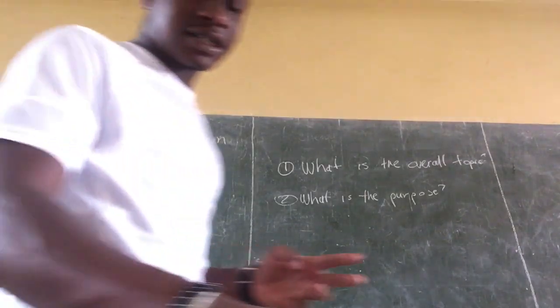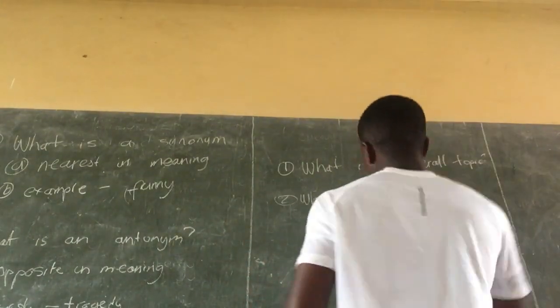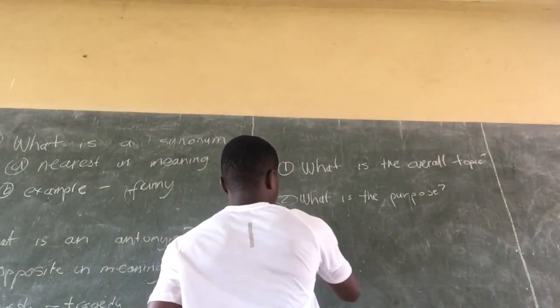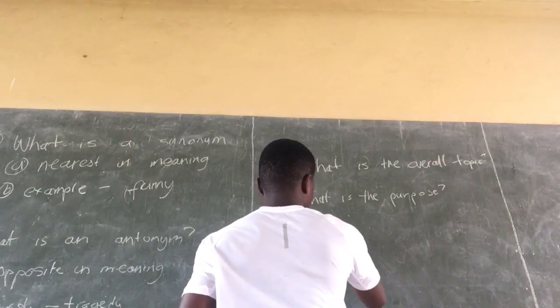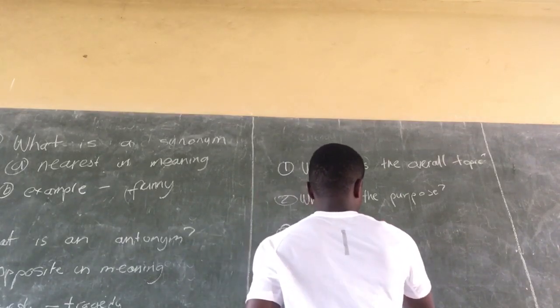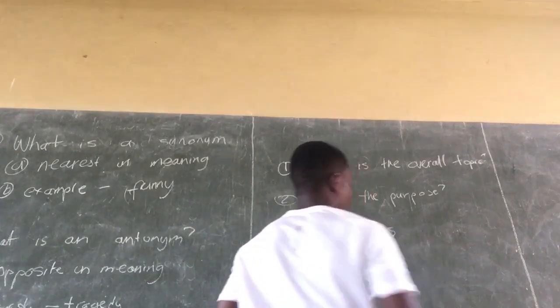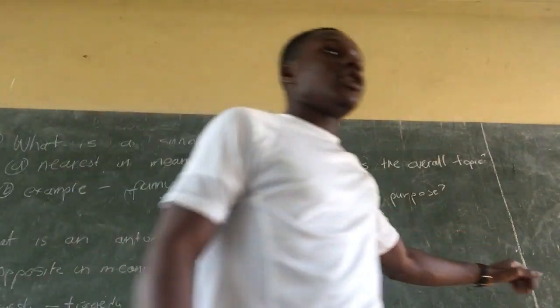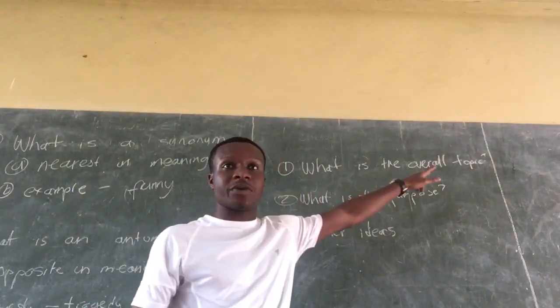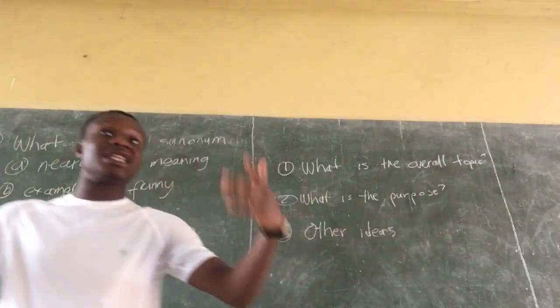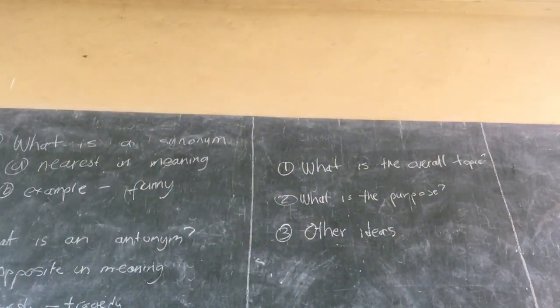And then lastly, what are the other ideas? So obviously you're going to have the overall topic. For example, in this lesson, I've been going over what antonyms and synonyms mean. That is the overall topic.